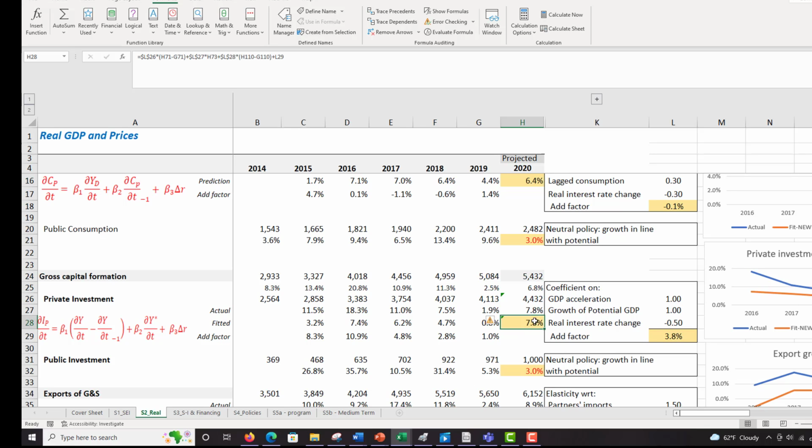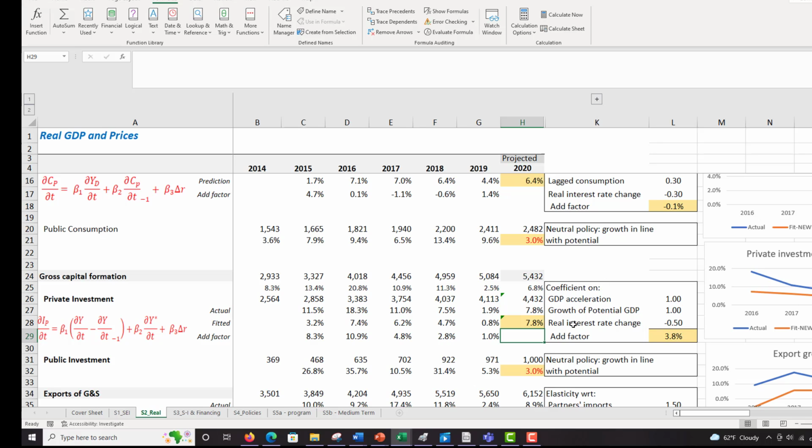Just to mention, without going through, I'm going to leave it to you guys to replicate this number here for investment to see how we got this 3.8 here, and then just to mention once again that the important thing here is that there is going to be feedback between consumption and GDP, because on the one hand, consumption is determined by GDP, investment is determined by GDP, but on the other hand, GDP itself is the sum of consumption plus investment plus some other things.